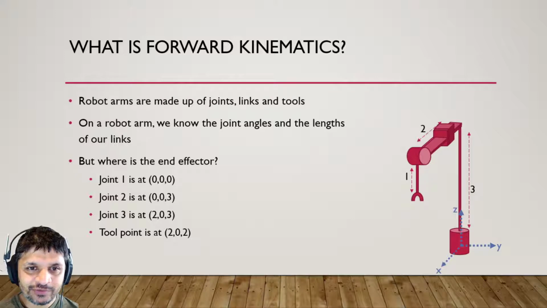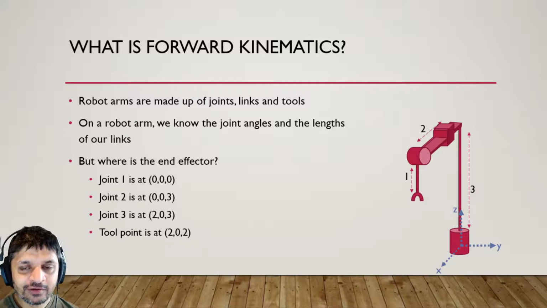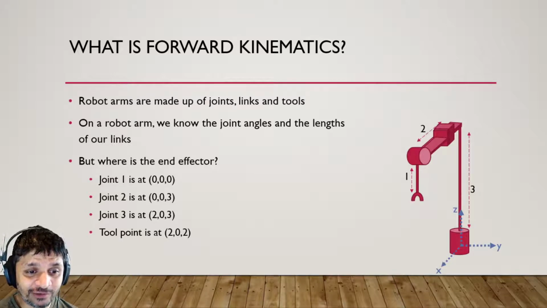Okay, so we said robot arms are made up of joints, which are these things that can turn and move, links, which are the sort of joining pieces, and the tool point, right? Sorry, I've got a bit of a flu, so that might happen a lot during this lecture. But so we've got this arm over here, and where is the tool point?